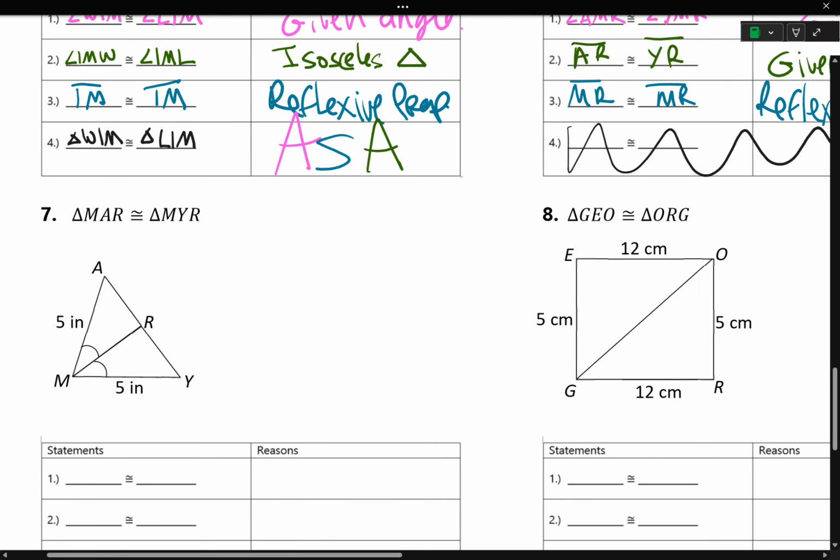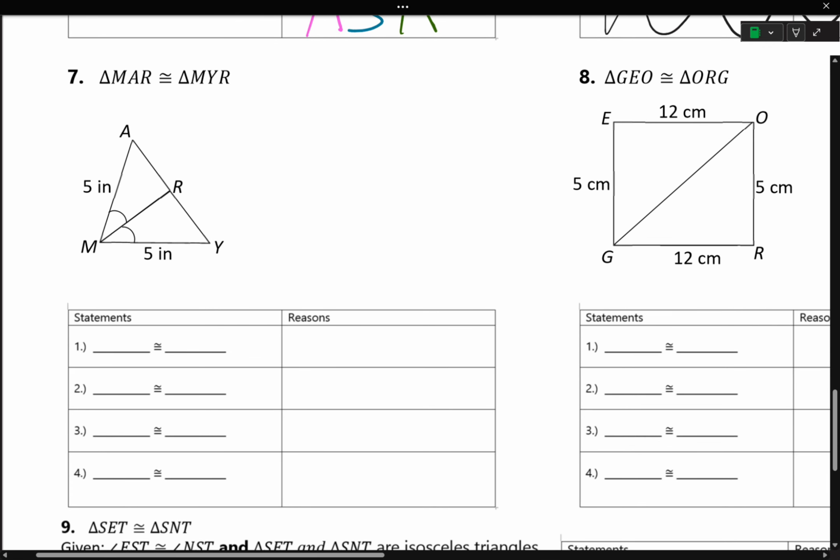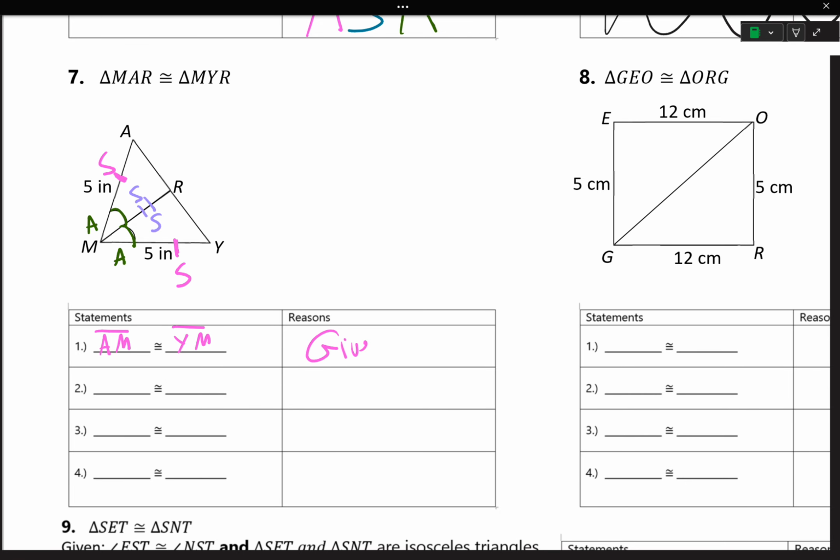Oh, another MAR, MYR. Let's see if these are congruent. Okay, so they each have 5-inch sides. I'll label them with a tick because I prefer that. They each have an angle. And they seem to share this middle side. Fantastic. We've got a side, angle, side. So, we've got AM congruent to YM. And that was given.